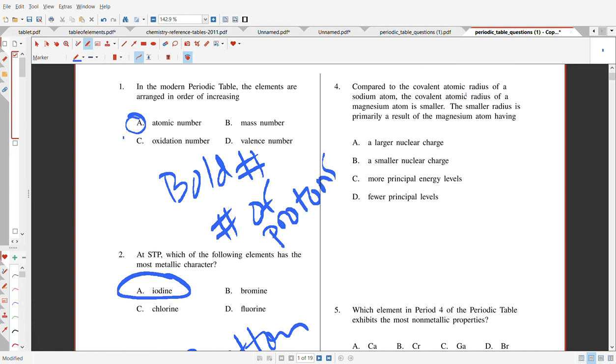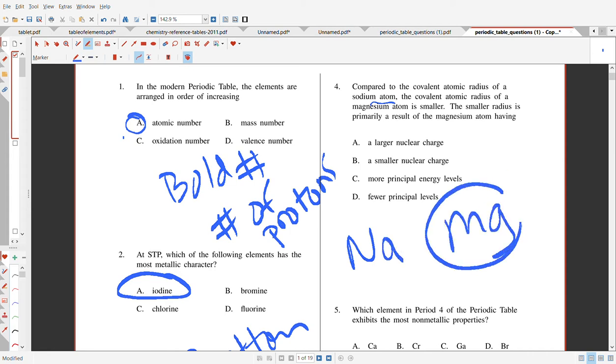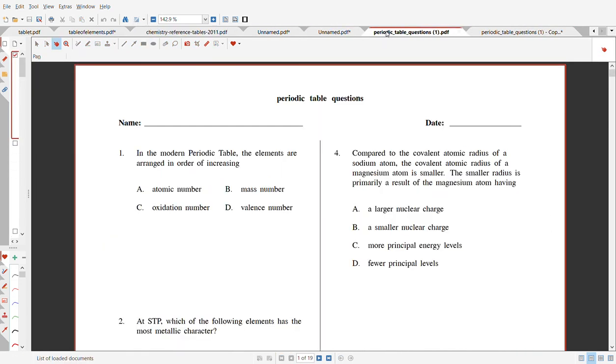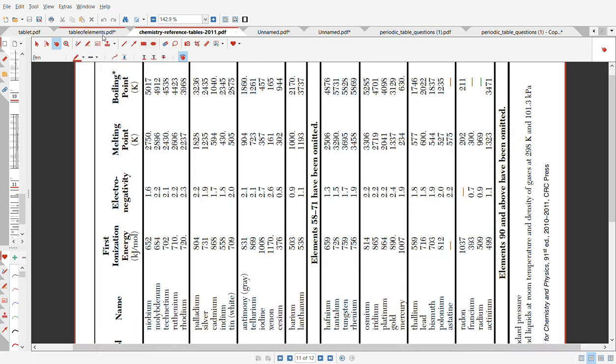Compared to the covalent radius of a sodium atom, the covalent radius of a magnesium atom is smaller. Why? Let's look up sodium and Mg. It's asking about principal energy levels. Where is the periodic table? Here we go.